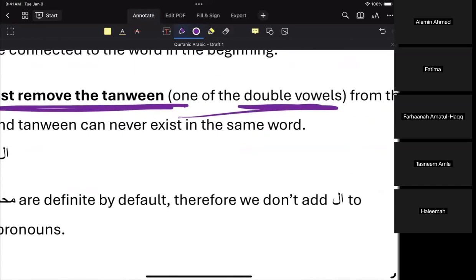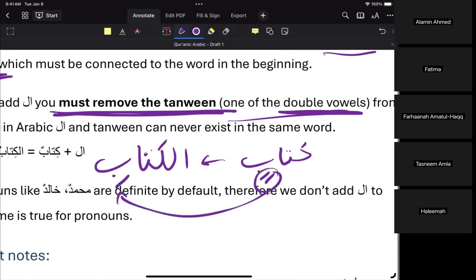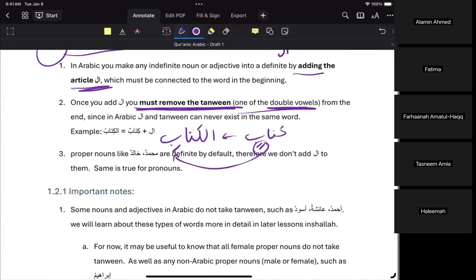If it was kitabin, and you want to add alif lam, you say al-kitabi. I cannot now go back to dhamma. No. You can't change the haraka, you just remove the tanween. Hopefully that is clear, inshallah.